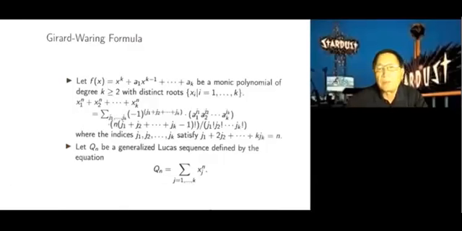In the formula, the indices j1 up to jk, which are the powers of the roots, satisfy j1 plus 2 times j2 plus up to k times jk is equal to n.